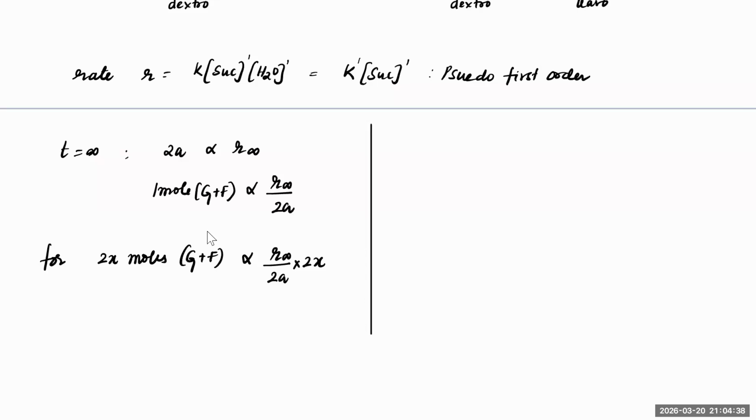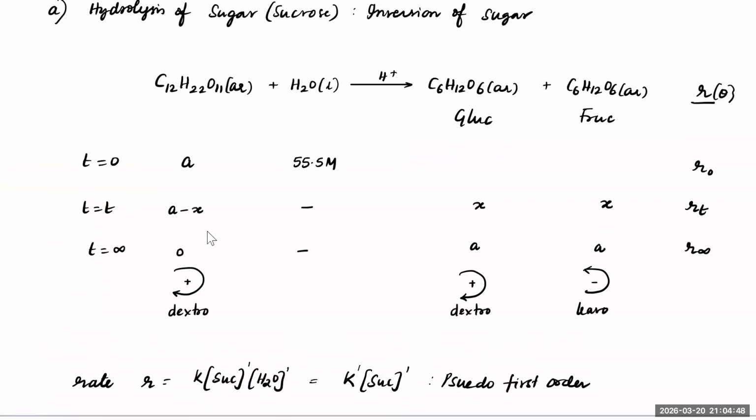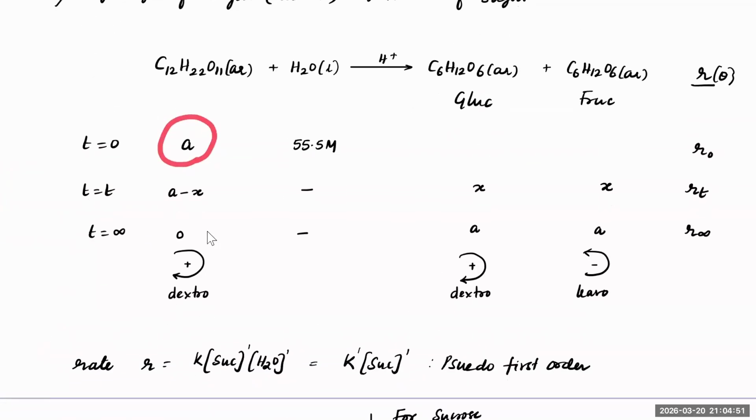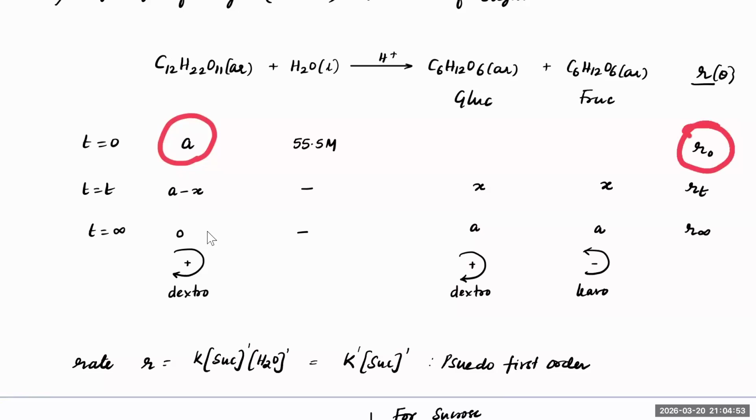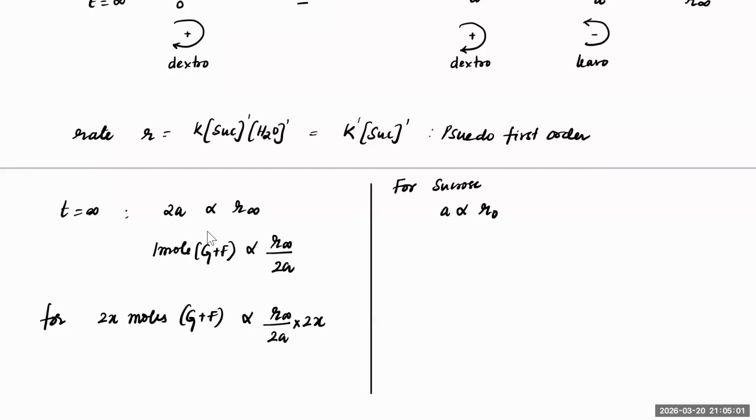Similarly, on the other side, for only sucrose, I can say a is proportional to R naught, isn't it? Because initially, when there is a, it is only proportional to R naught. If the concentration of sucrose is more, then the optical rotation will be more. Now, for 1 mole of sucrose, it is proportional to R naught by a.